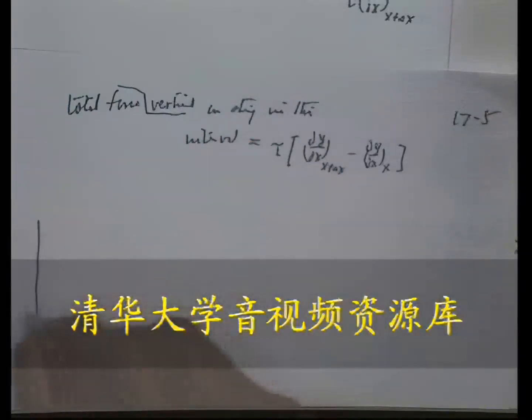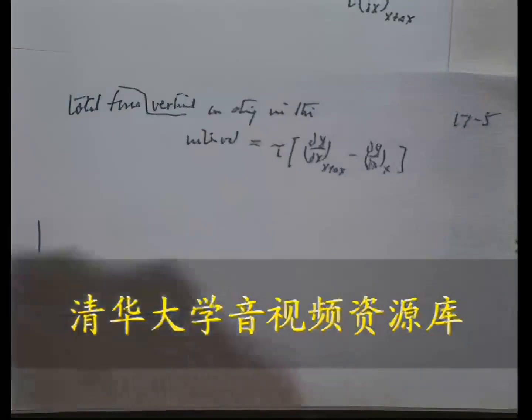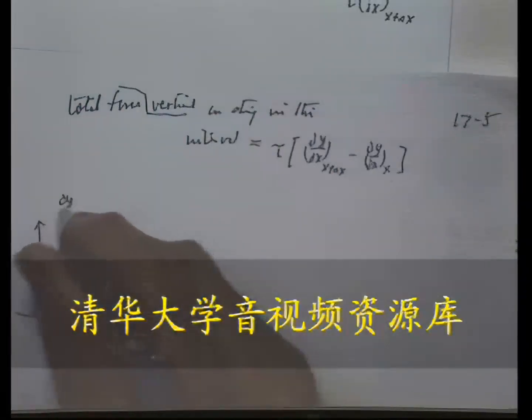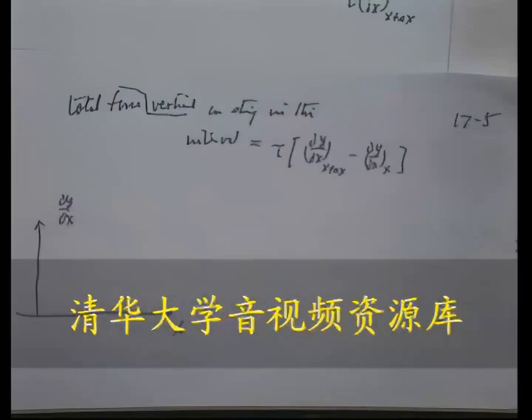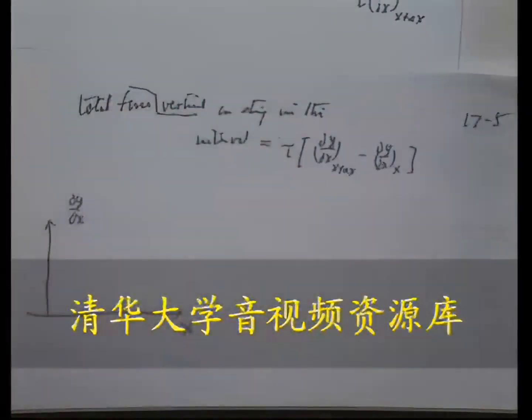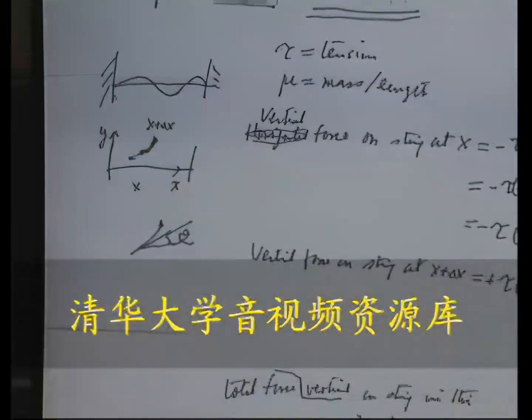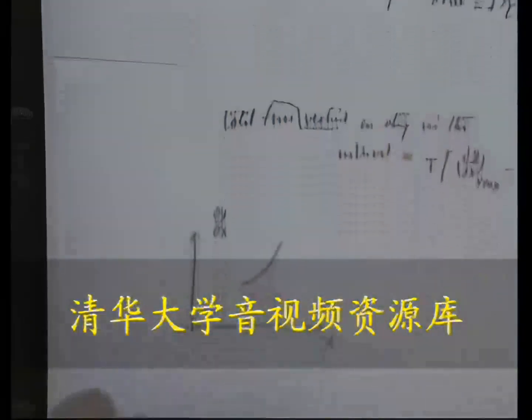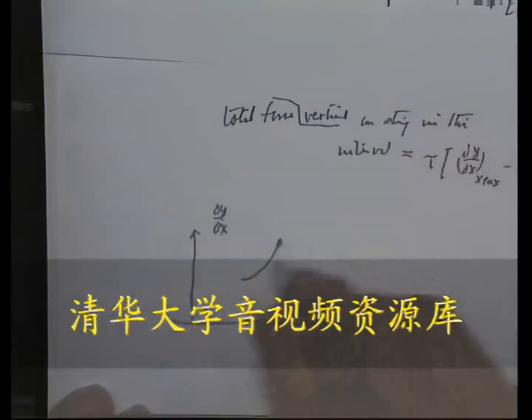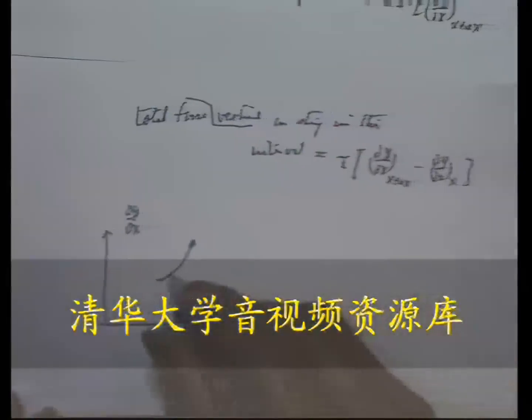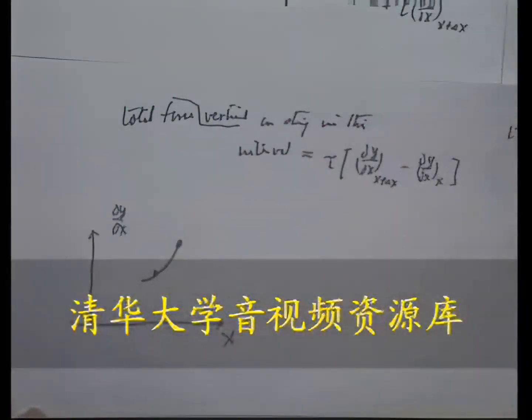Okay, let us plot. This is x. I plot dy/dx here. Earlier we had y as a function of x, the original string. It has a derivative, which looks like this. So we take the derivative at this point minus the derivative at that point.